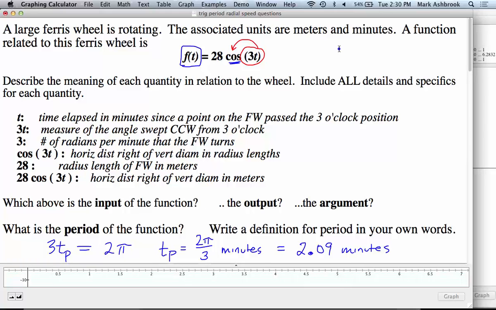So what is 2.09 when you're talking about the Ferris wheel? How long it takes for the Ferris wheel to make one complete rotation, he said. Okay, what about in terms of input and output? What does 2.09 mean for input and output of f?